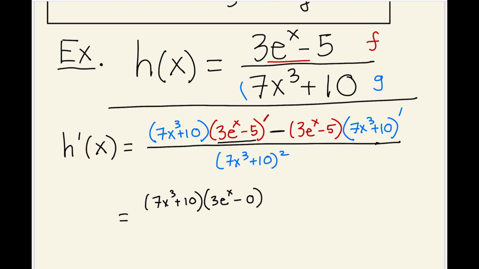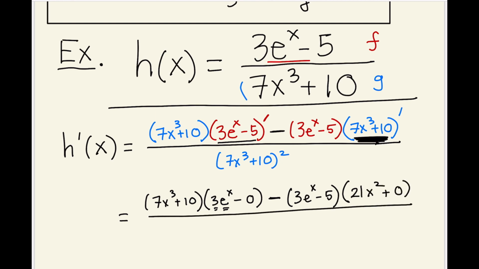I'm using the constant multiple rule, and I'm also using the fact that the derivative of e to the x is itself. Then I subtract, and we have 3e to the x minus 5, and the derivative of this function is 21x squared, again plus 0 because 10 is a constant, and the denominator stays the same.